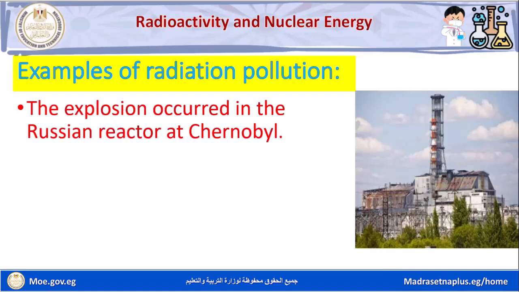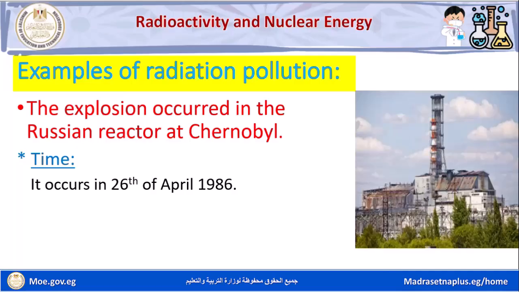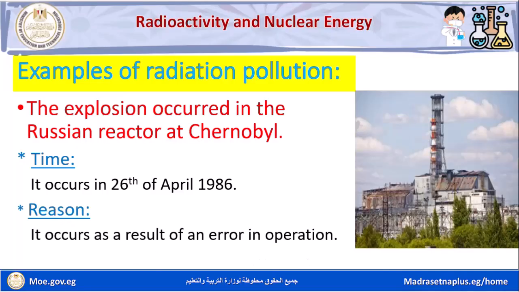Examples of radiation pollution: the explosion that occurred in the Russian reactor at Chernobyl. It occurred on the 26th of April 1986. Reason: it occurred as a result of an error in operation.